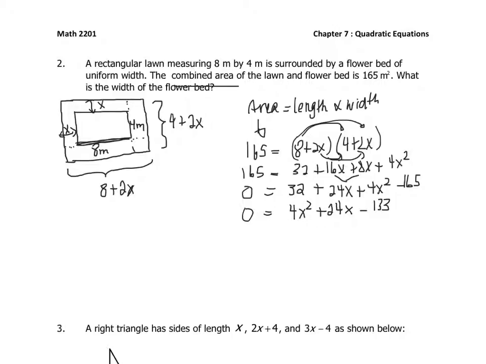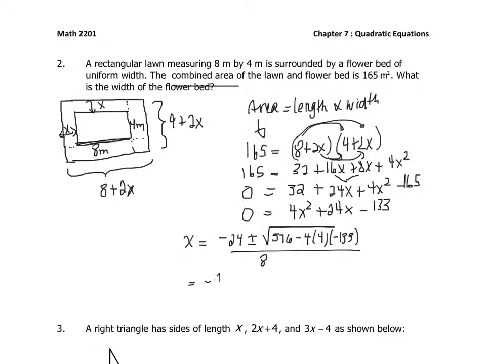I wouldn't want to factor that, so I'd just go straight to the quadratic formula. x equals negative b plus or minus the square root of b squared, which is 576, minus 4a, which is 4, times c, which is negative 133, all over 2a, which is 8.